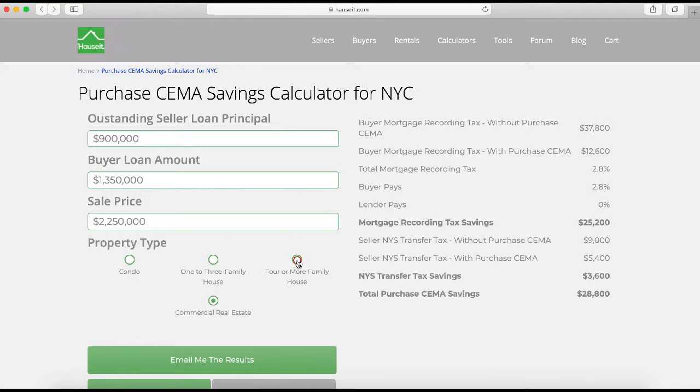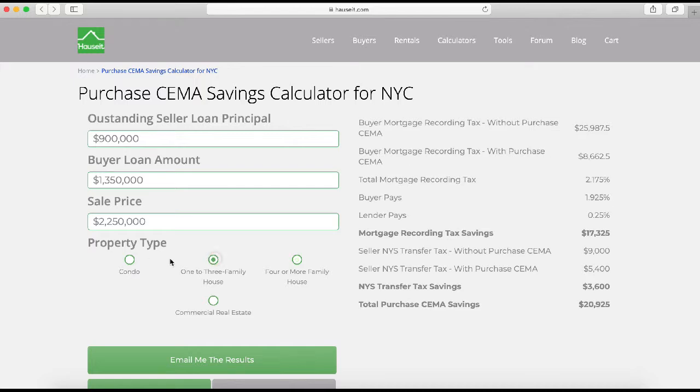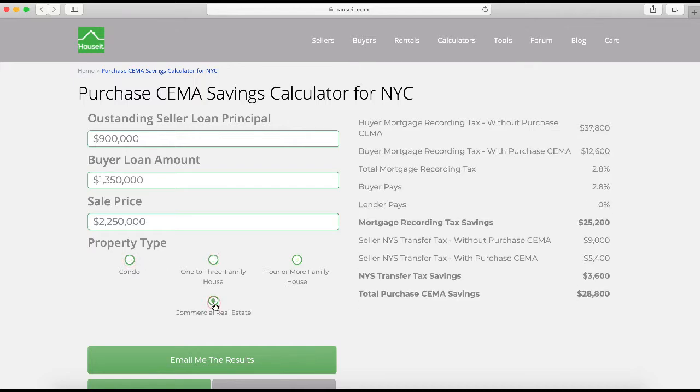There's also a couple other options for a multi-family house. And this is relevant because the lender will usually contribute a portion of the mortgage recording tax for your typical non-commercial deal. So they'll contribute for this, they'll contribute for this and this, but they will not contribute for commercial real estate.